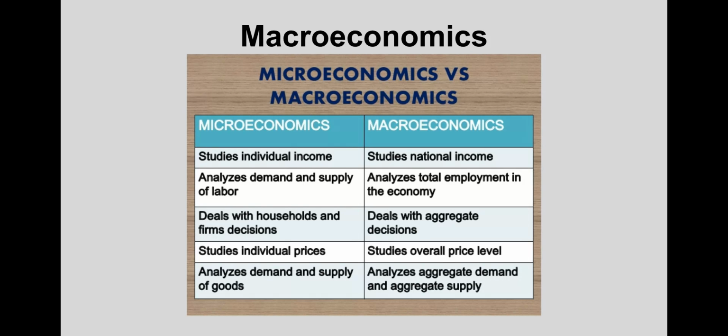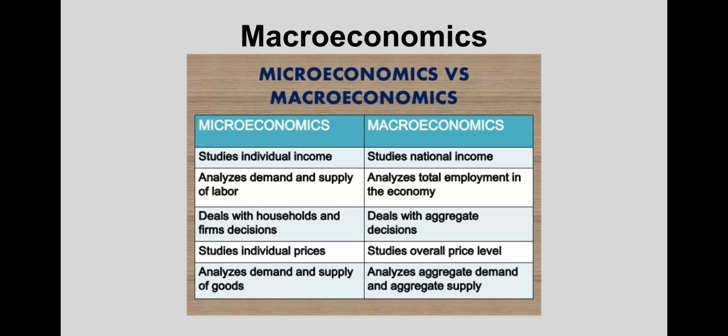When we get into macroeconomics, now it's a much bigger picture. All right. Now we're taking a look at national income as a country. We're looking at how many people in that country or in an economy are employed. All right, it deals with larger, aggregate decisions, meaning the decisions that everyone in Silicon Valley makes.